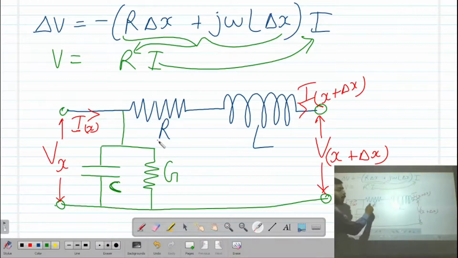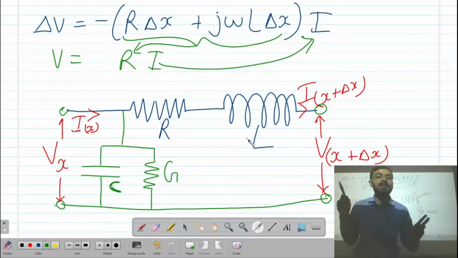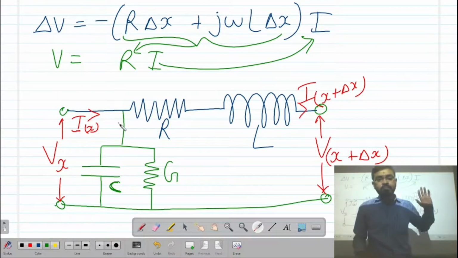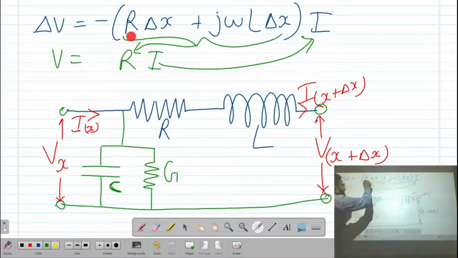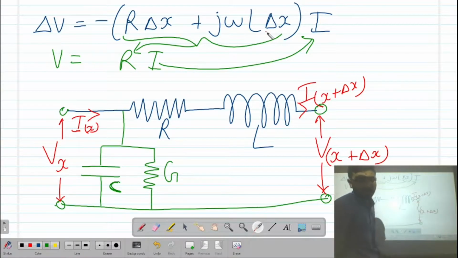The resistance is only due to the length of the line; remember the line is made of metallic wire. Physically there will not be any resistor, inductor or capacitor present inside the two-wire transmission line, but this is the equivalent circuit. Due to the length of the metallic wire you will have R, and its value varies with delta x. You will have the value of inductor, which depends on delta x, the length of the wire, right? I think it is clear now.